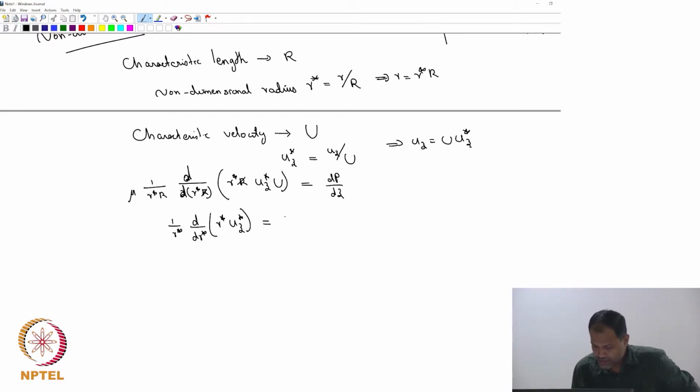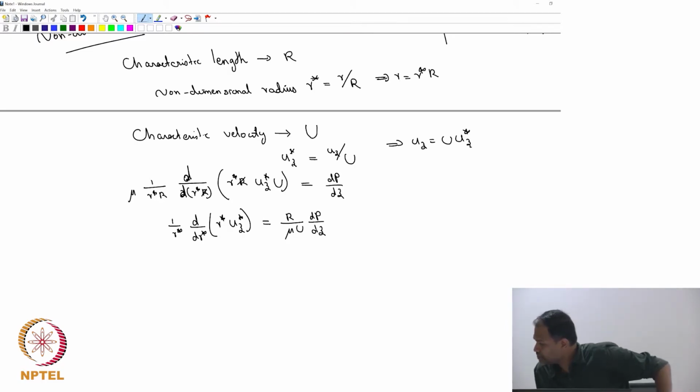So, R squared divided by mu U times dp by dz. That is right. Doubts? Okay.